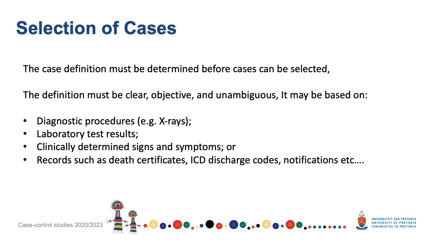The definition must be clear, objective, and unambiguous. And you might want to base your selection or identification of cases on things like diagnostic procedures, such as X-ray results or laboratory test results, or it might just be clinically determined cases or records such as death certificates, ICD discharge codes and notifications, and so on.